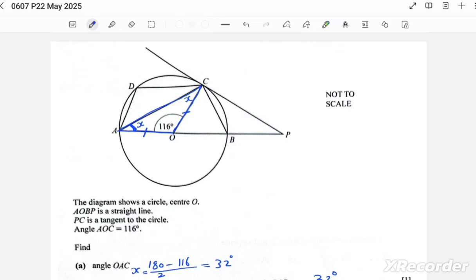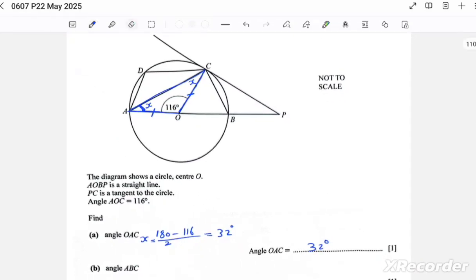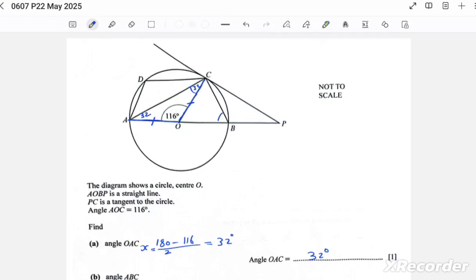Okay, next part. So let's write it. This part is 32 and here is 32. Okay. Now next one, find angle ABC. ABC. This one. How can we find this one?